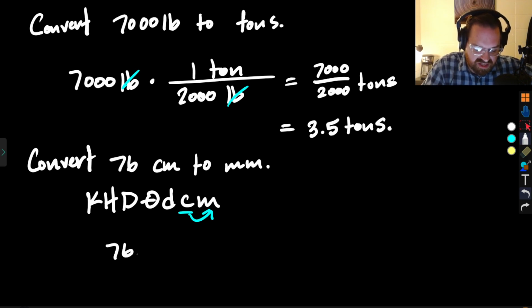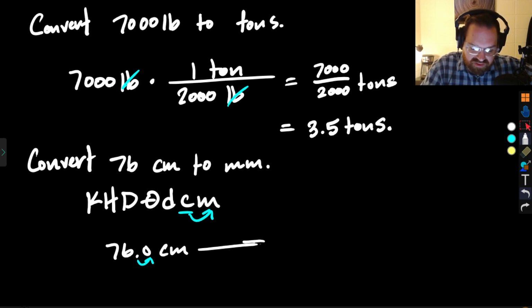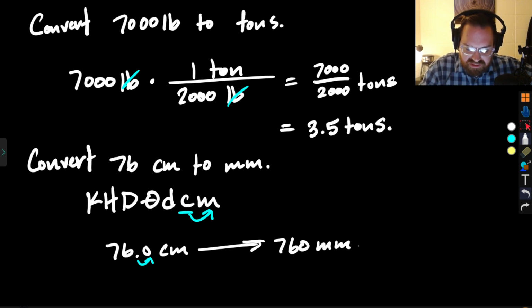So in this instance, this is 76.0 centimeters. I'm just going to take that decimal and move it to the right 1 spot, just like I did up above. Okay. And as a result, this is going to turn into 760 millimeters.